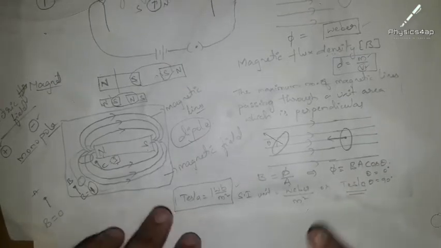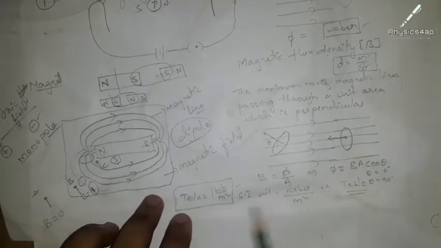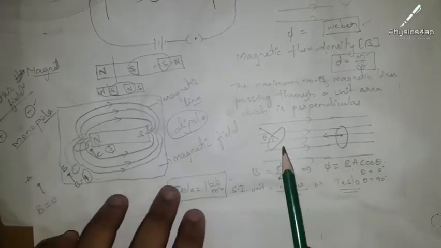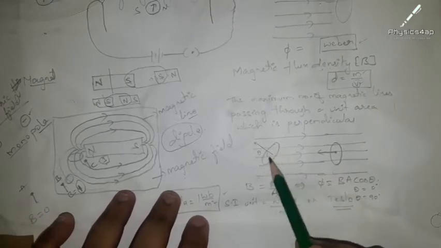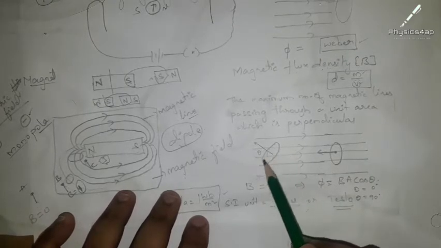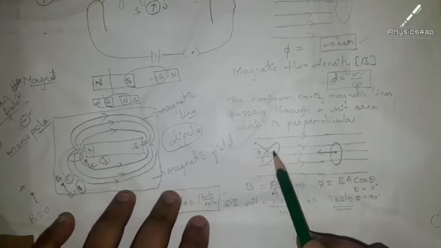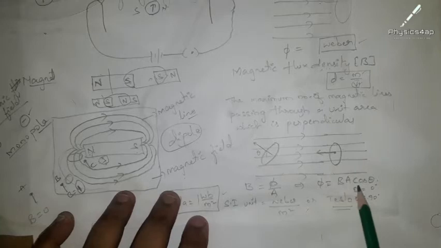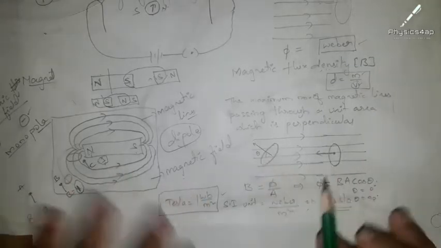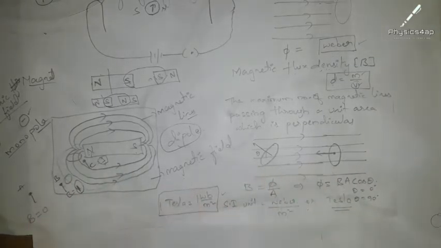Next, as yesterday we were discussing, if this area is at a certain angle theta, then the formula will be phi is equal to BA cos theta. That means there will be a variation of magnetic flux passing through that area.